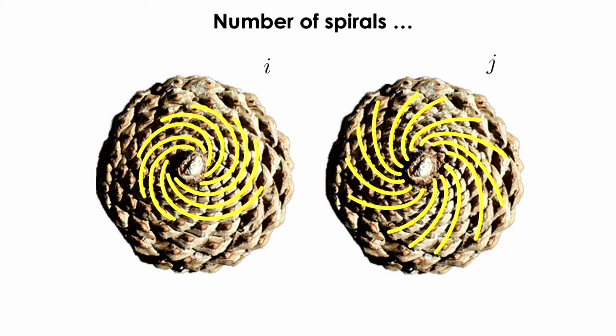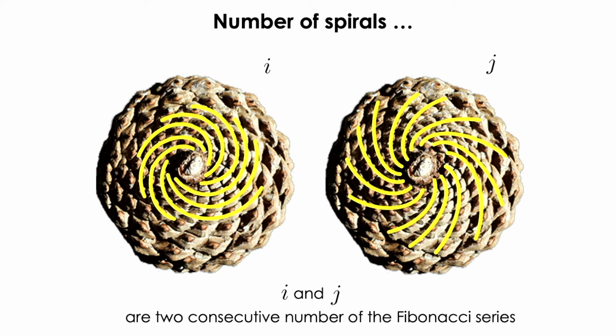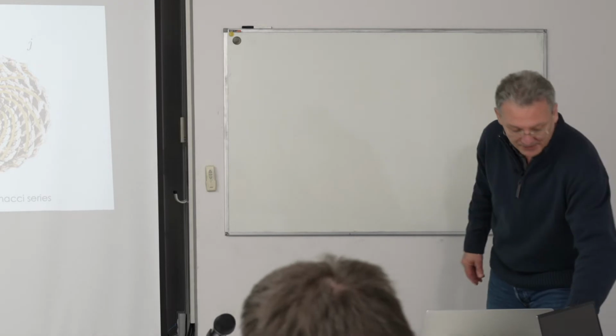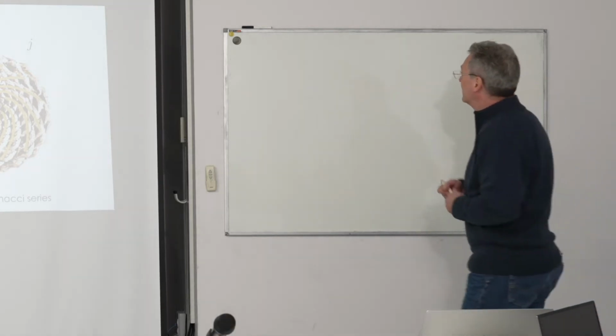And if I look at I and J, could be that they are random numbers, but actually it's not the case. Most of the time, these two numbers, they are consecutive numbers in the Fibonacci series, which is quite striking. You remember the Fibonacci series? I forgot to put it on the slide.